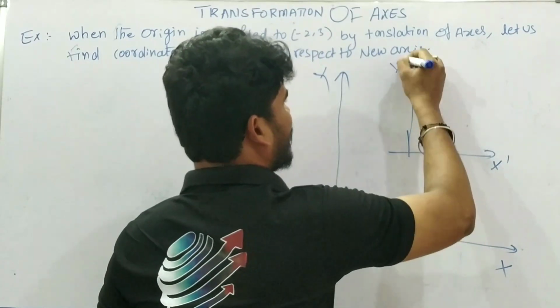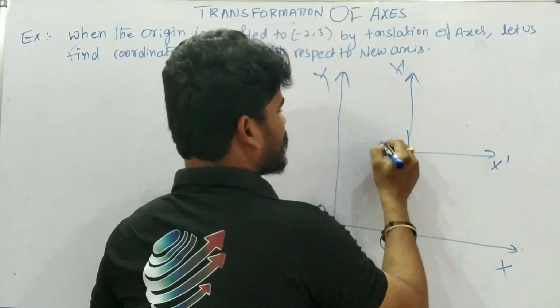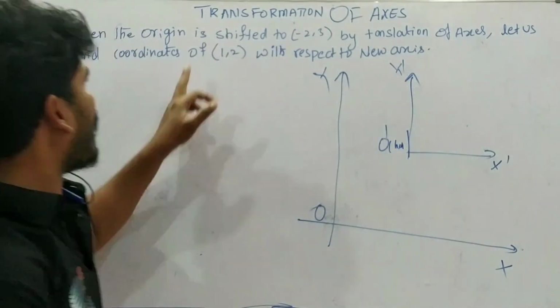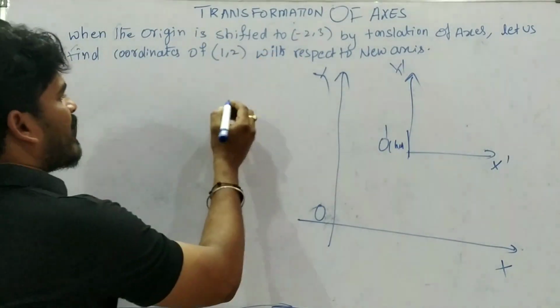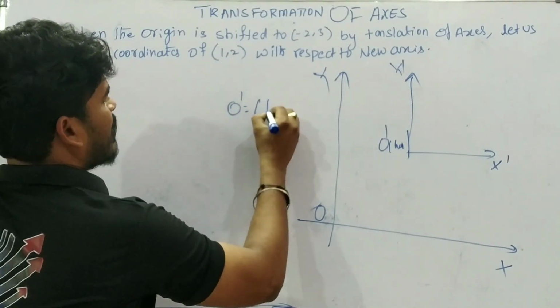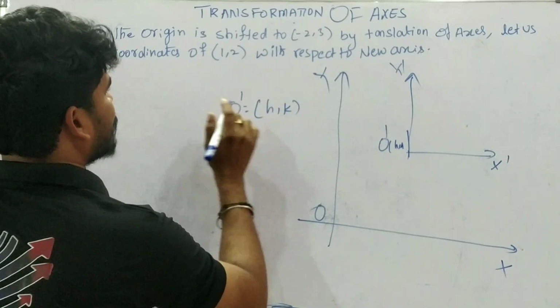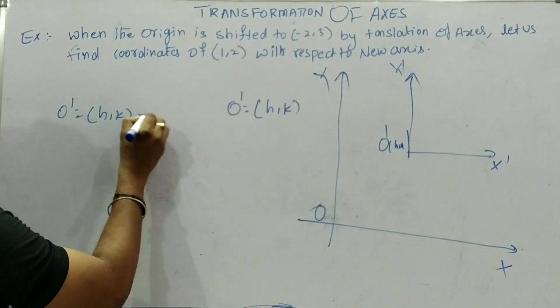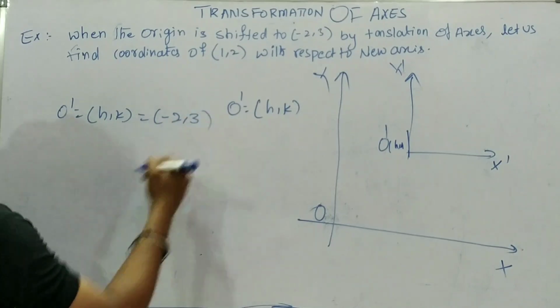These are x' and y', and O' is nothing but (h, k). So the shifted point is O' equals (h, k), which is given as (-2, 3).